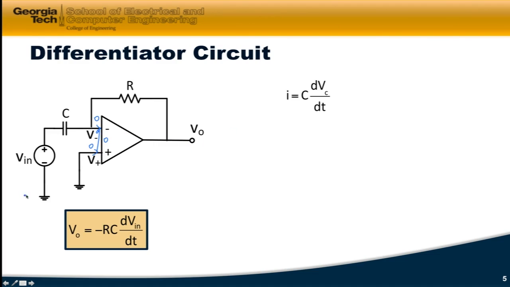So let me go through and do a KVL around this, going up through this source, across the capacitor, through the resistor, and back out to here. I'm going to treat this as a voltage drop like this, so I go straight back down to the ground right here.